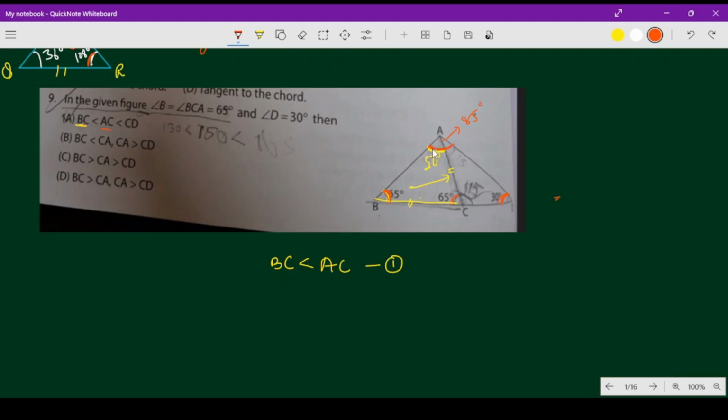But here this total is 85 and up to here is 50, which means this angle is 35 degrees.